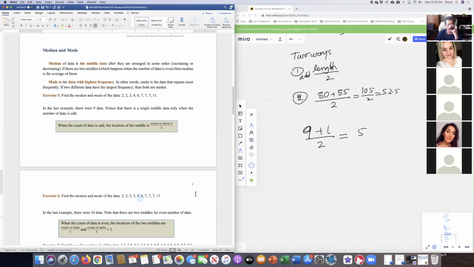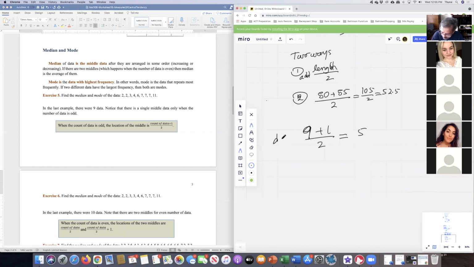So 2 middles. So how do you locate the middle when you have an even number of data? This formula here applies to odd. When you have an odd number of data, the formula is this. When you have an even number of data, you just take the count itself and divide by 2. The count already is an even number, so it's divisible by 2.